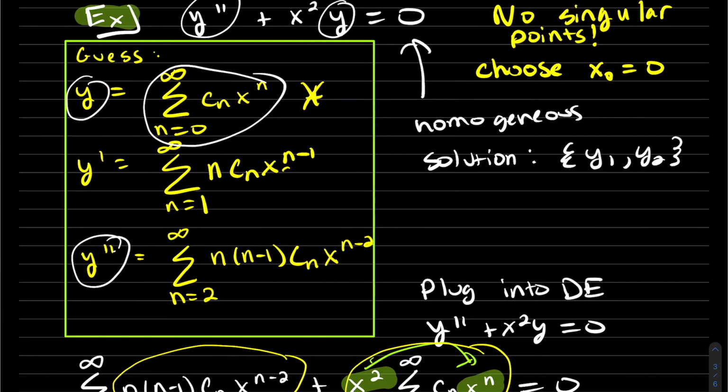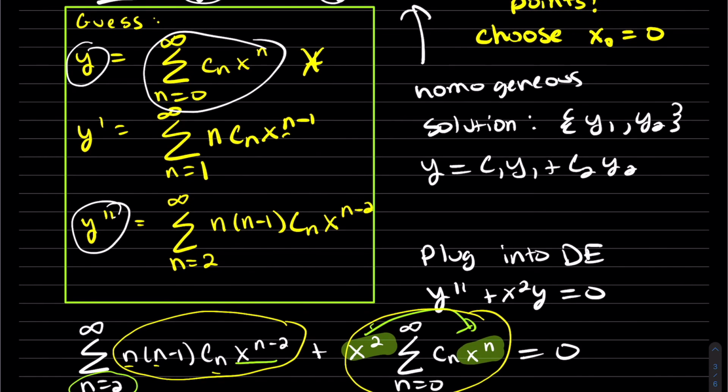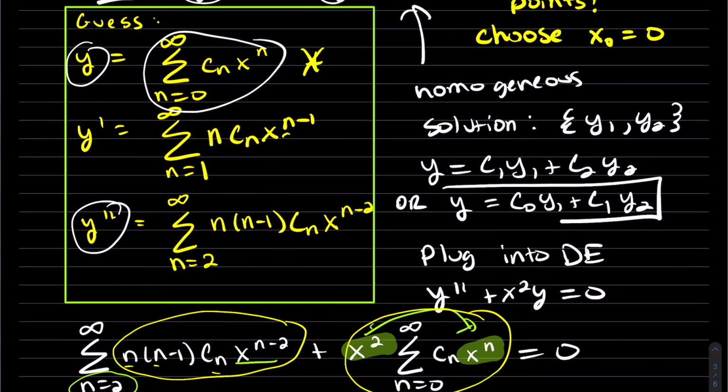And basically, it's y equals c1 y1 plus c2 y2. Or in our case below, it doesn't matter what those arbitrary constants are, my general solution is c naught y1 plus c1 y2. This is what I'm looking at. And those are my two series solutions, y1 and y2.